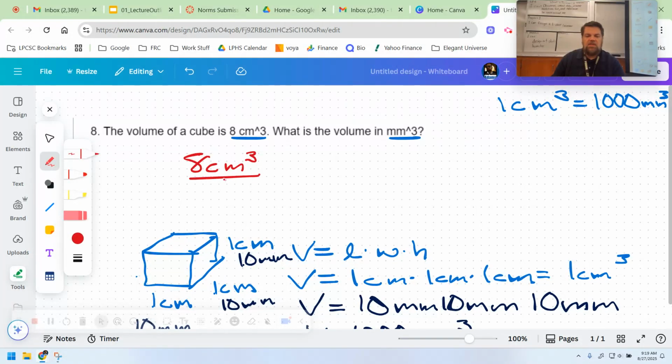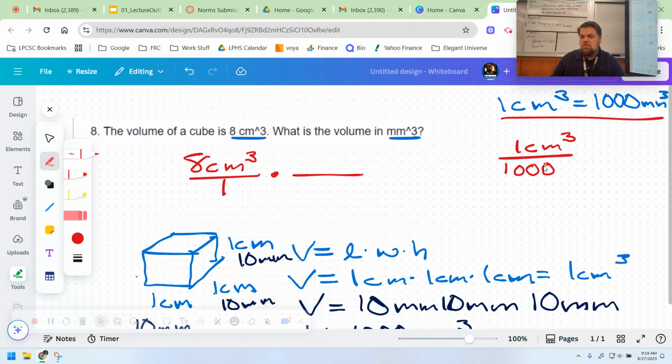So that's the same as this over 1. And then I have to multiply that by a conversion factor. So remember that this can be written as a ratio. So I could write it as 1 centimeter cubed over 1,000 millimeters cubed. Or I could say 1,000 millimeters cubed over 1 centimeter cubed.